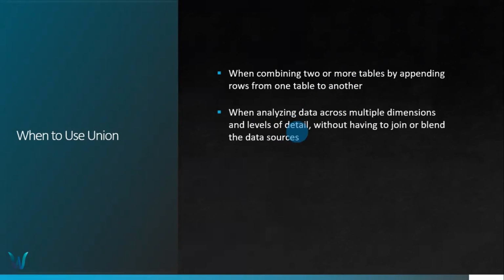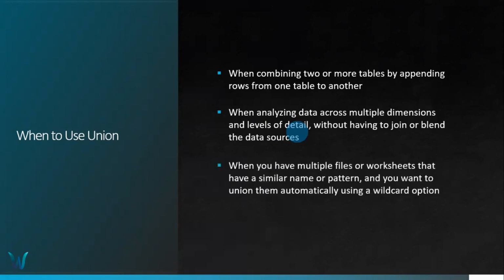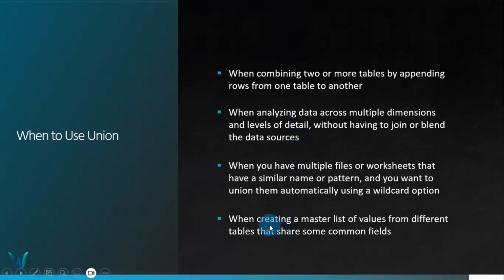Also, when you have multiple files or worksheets that have similar names or patterns, you can union them automatically using a wildcard option. And we'll see this in a bit when we do our demo. Also, when you're creating a master list of values from different tables that share common fields, you can also use a union in such scenarios.